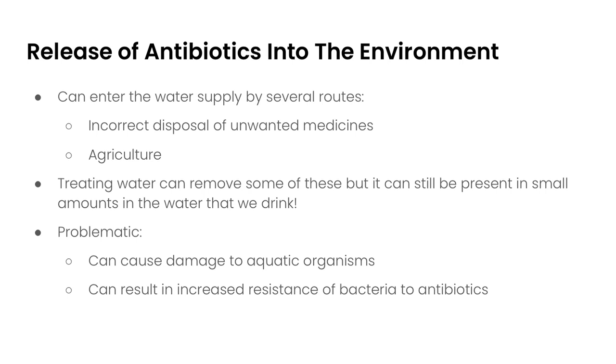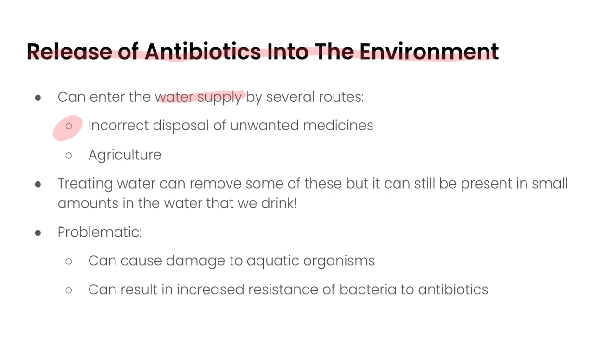There are other types of waste from medicinal products as well. Another big one that we really need to be concerned with is the release of antibiotics into the environment. Antibiotics can enter the water supply by many routes. First off, incorrect disposal of unwanted medications.